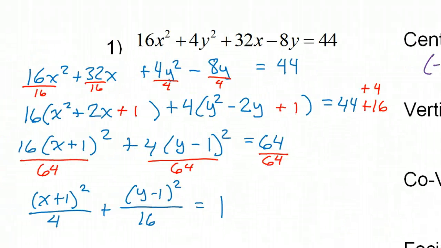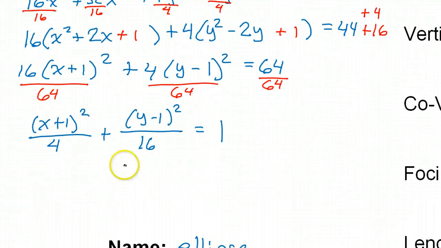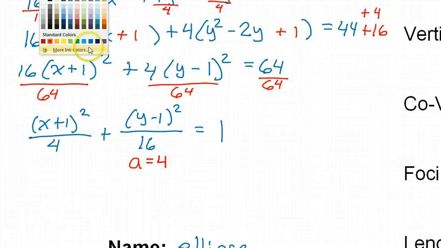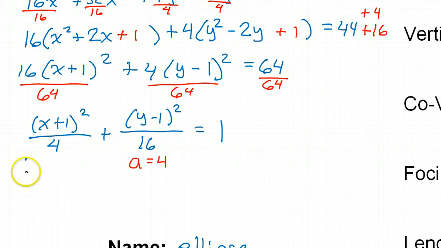Now for the vertices, for an ellipse it's all about whichever one's bigger winds up being the vertices. So my a value is going to come from the 16, just because that's bigger. So that gives us an a value of 4. The b value is going to come from the smaller number here, so that's going to give us a b value of 2. Of course this 4 is with the y part of the equation, so that means I'm going to go 4 up and down from the center.